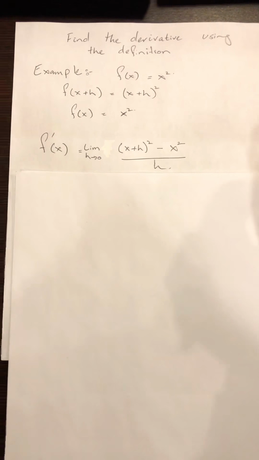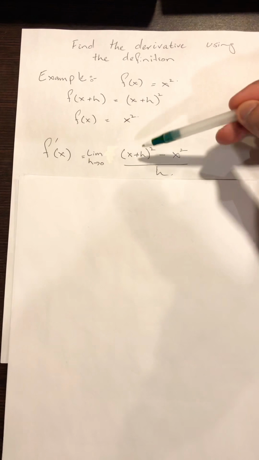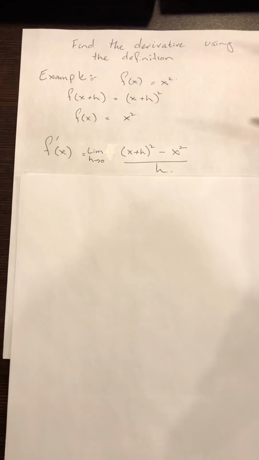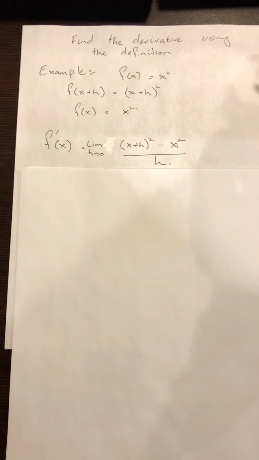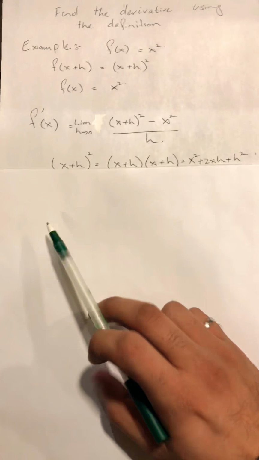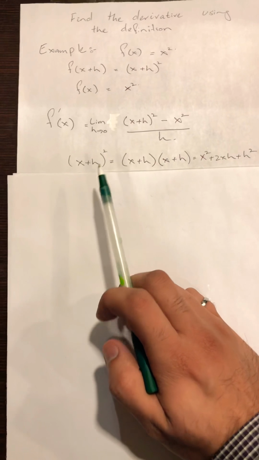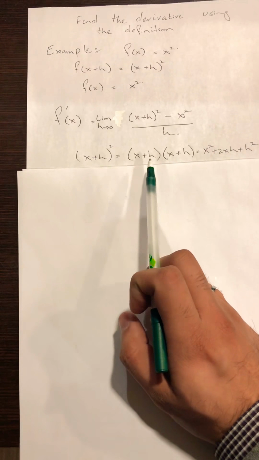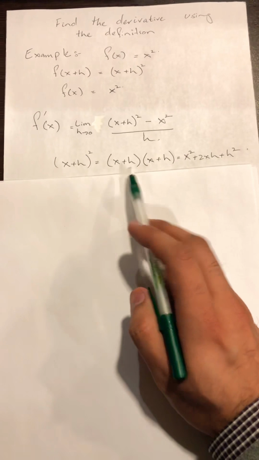Now what we can do is simplify this further. This term, x plus h squared, will give us x squared plus 2xh plus h squared, minus x squared, divided by h. When we simplify x plus h squared, two of the same terms multiply by each other.